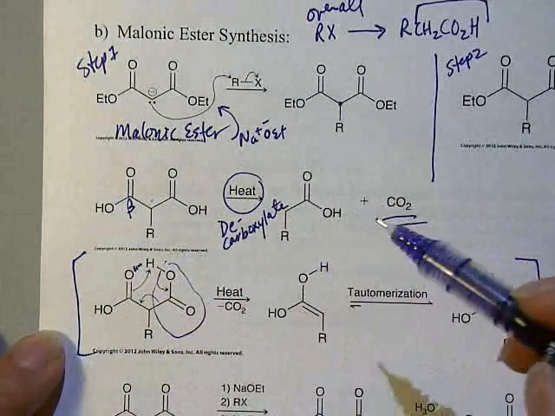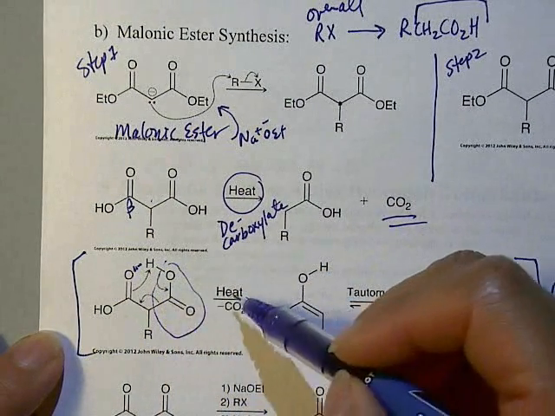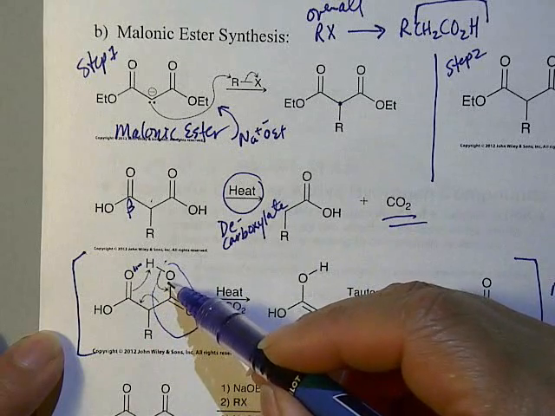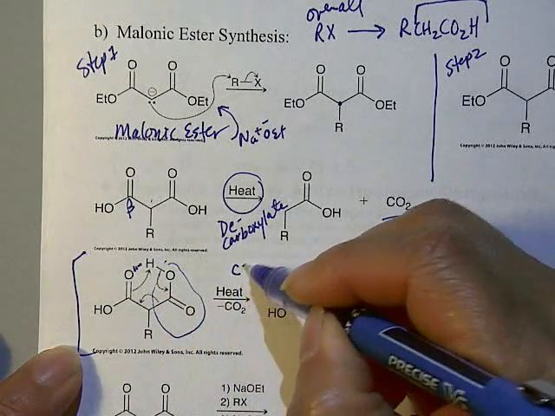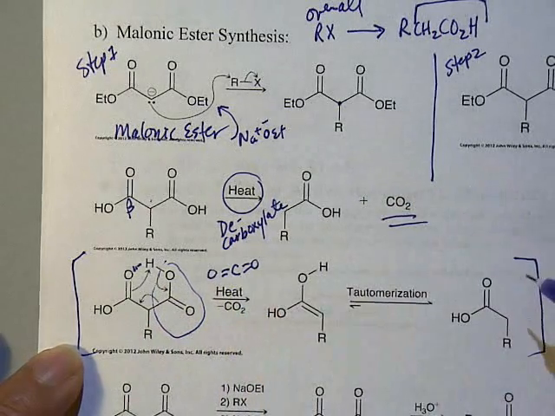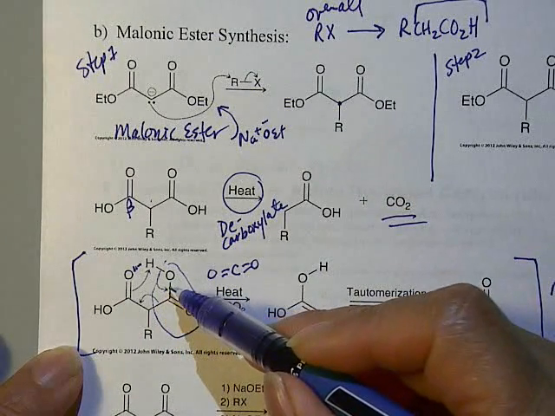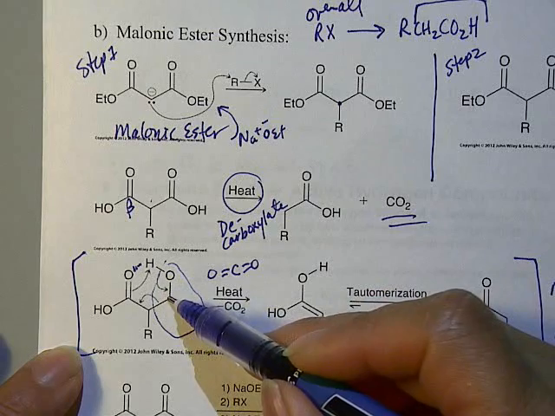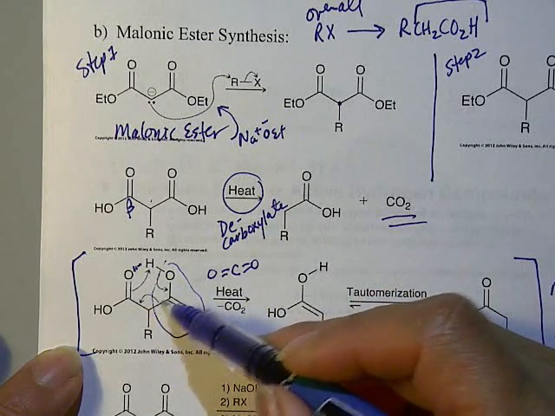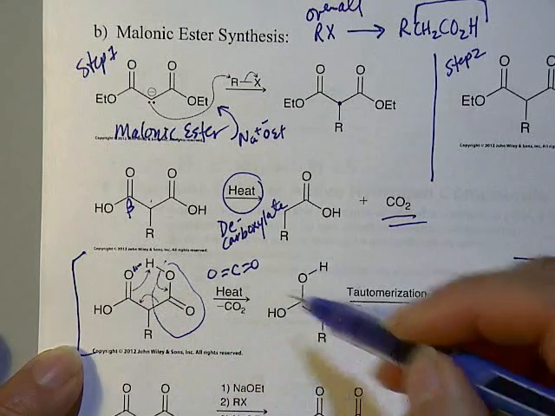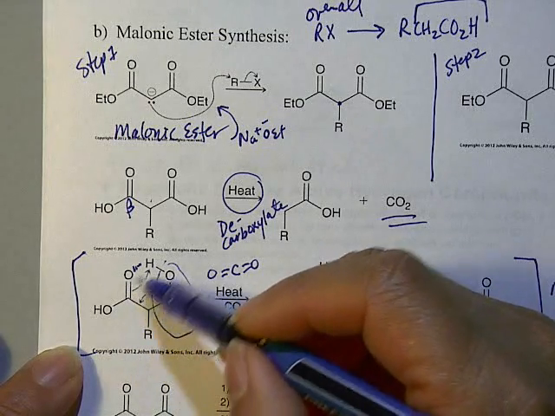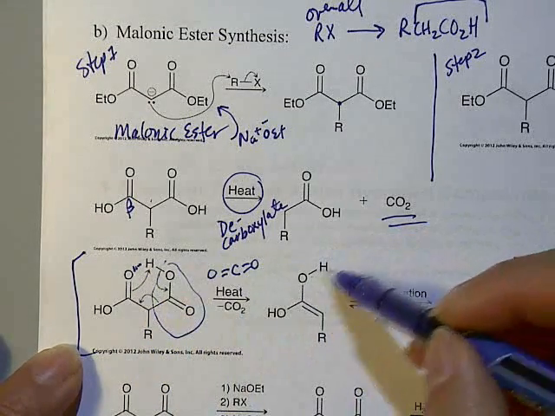This is very stable, and with heat, the carbon dioxide, this right here, leaves as carbon dioxide, and you can see how the double bond forms with this carbon, and then that 2 electron is moved over to form the enol, and then the double bond O grabs the hydrogen to form the OH.